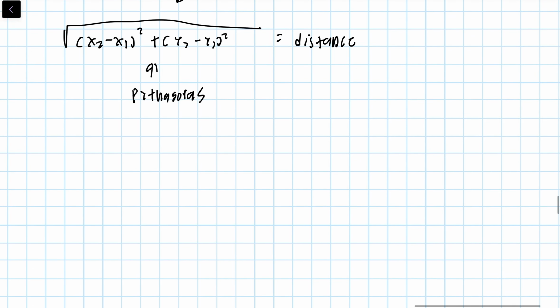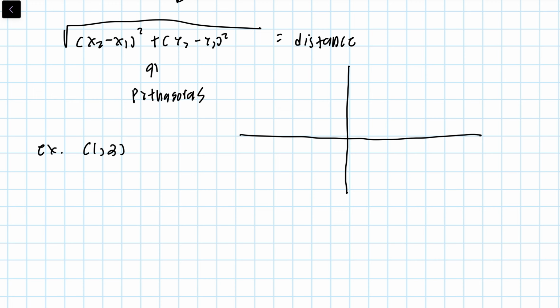So let's say you had your XY coordinate grid. For my first example, we're gonna take the coordinates 1, 2, and 5, 5. So let's just imagine 1, 2, 3, 4, 5. I'm gonna say this is 1, 2, 3.